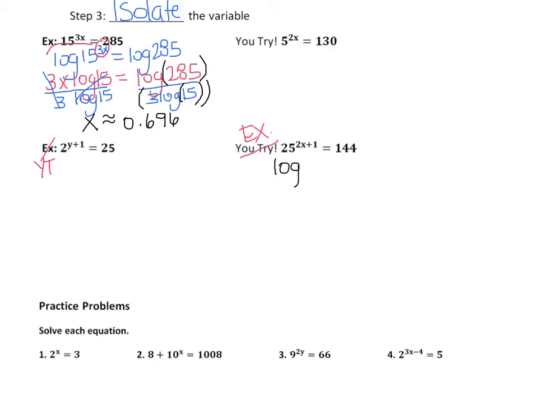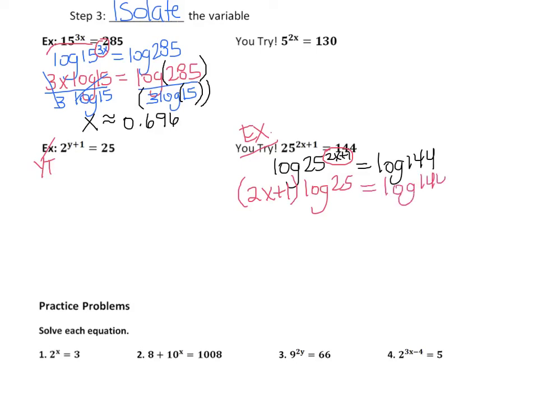So log of 25 to the power of 2x plus 1 is equal to log of 144. Using the power property of logarithms, I'm going to bring this quantity 2x plus 1 and place it in front of the log of 25. Now because they're multiplying together, I need to put parentheses around this expression. And then it's equal to log of 144.